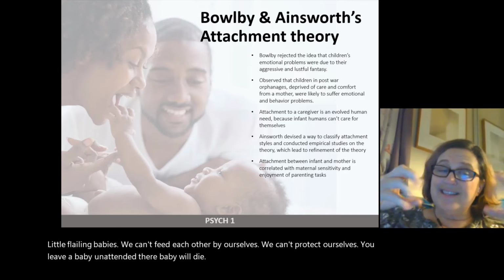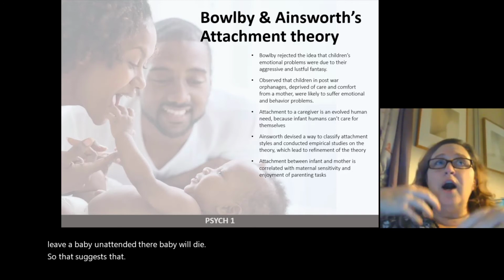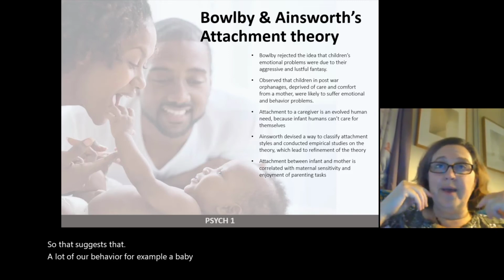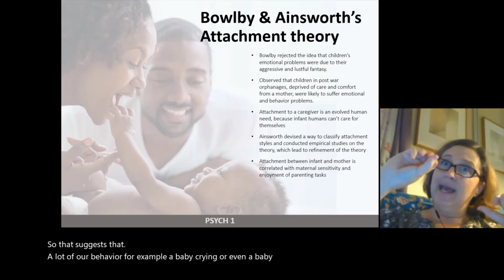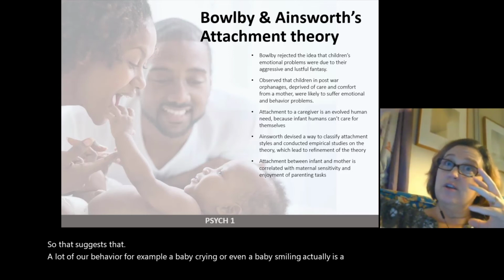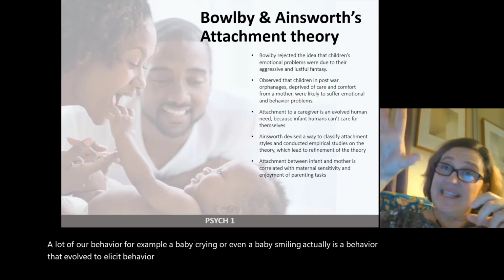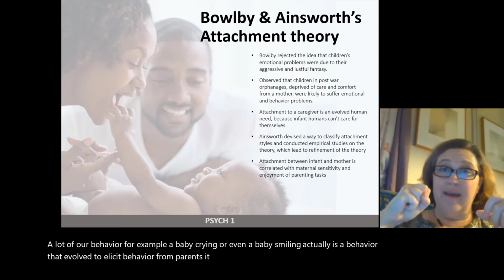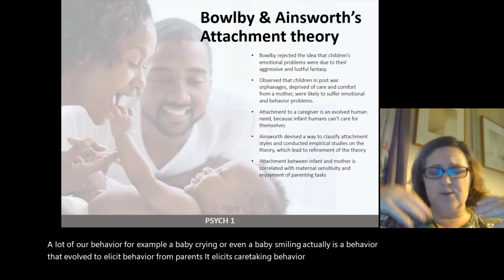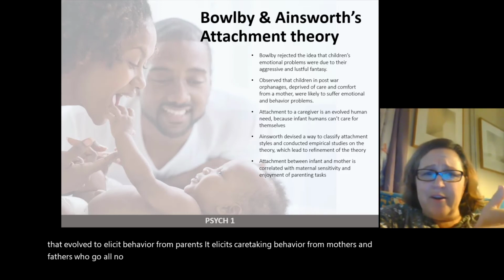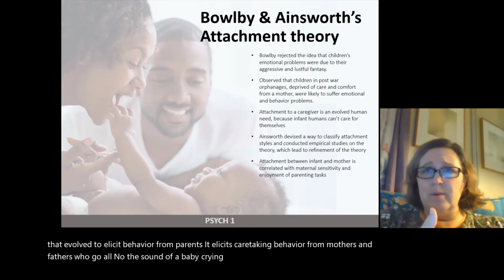So that suggests that a lot of our behavior, for example, a baby crying or even a baby smiling, is a behavior that evolved to elicit behavior from parents. It elicits caretaking behavior from mothers and fathers who go, "Oh no!" Like the sound of a baby crying is incredibly painful to human beings.